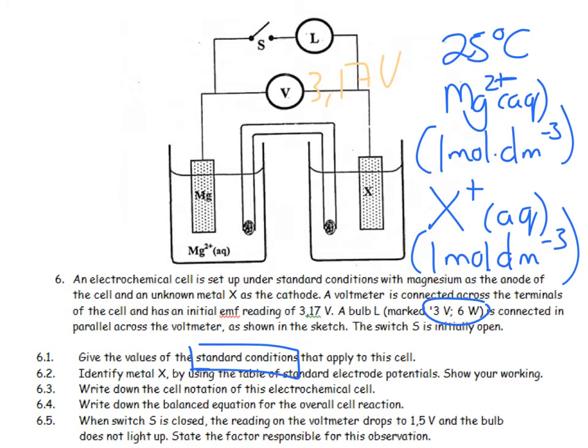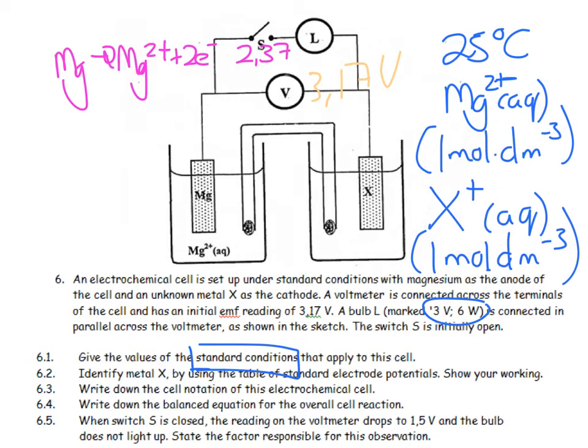Identify metal X by using my standard electrode potentials, show all my working. So the first thing is, I've got magnesium here, and magnesium is going to magnesium 2+ plus 2 electrons, and X is doing the other thing. I've just written magnesium backwards. If I write it backwards, I change its sign to 2,37.